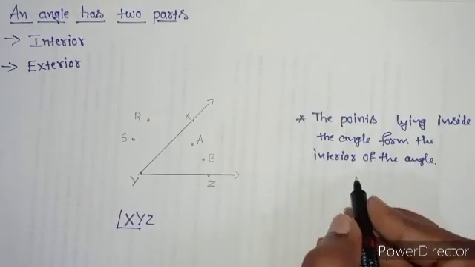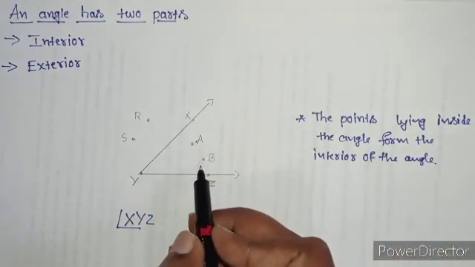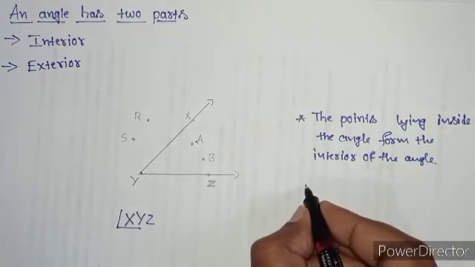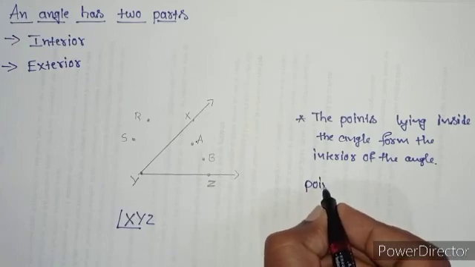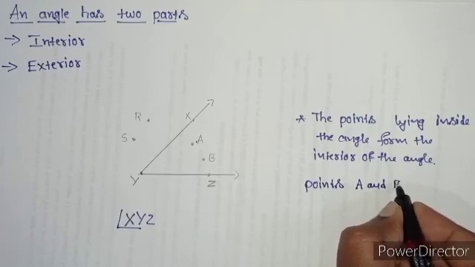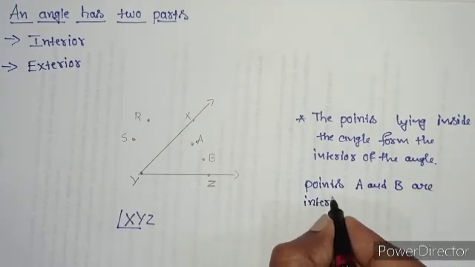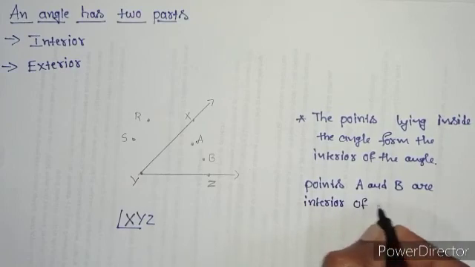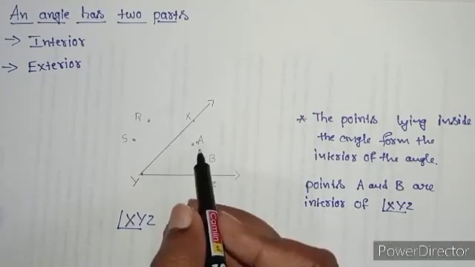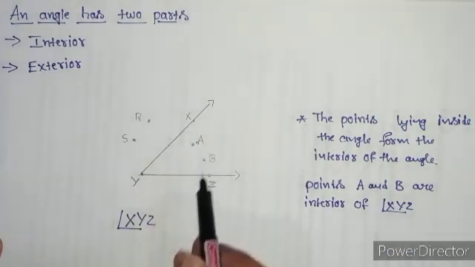Points A and B are in the interior of angle XYZ. This is the inside of an angle.